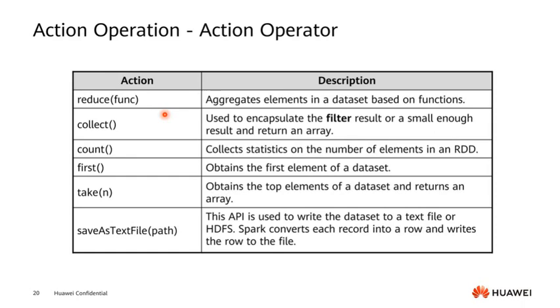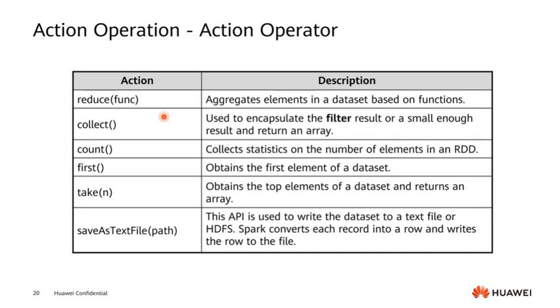By contrast, a job will be started immediately when action operators are invoked. Well, you can regard the action operator as the director of a film, and the transformation operators are like the script of the film. The script shows the plot of the movie and how actors perform.